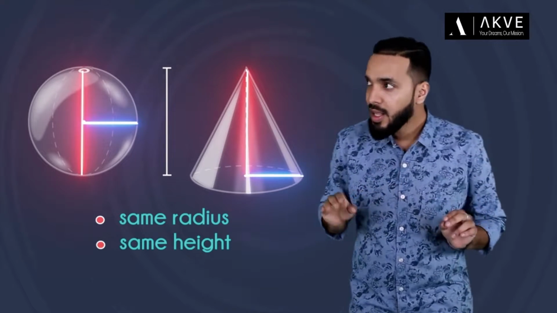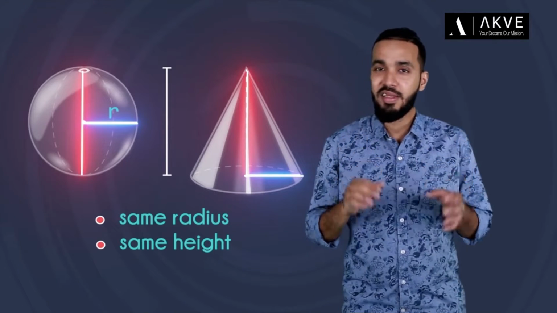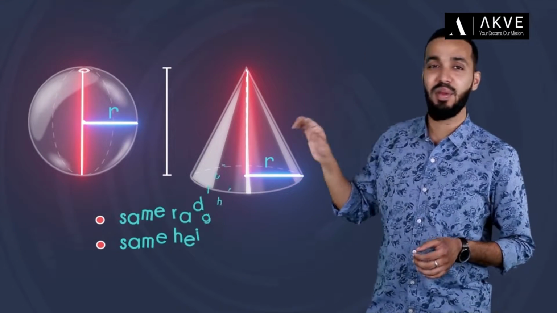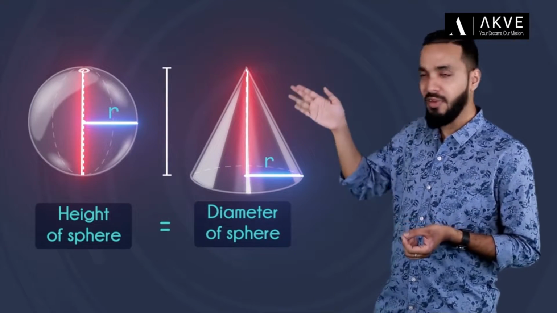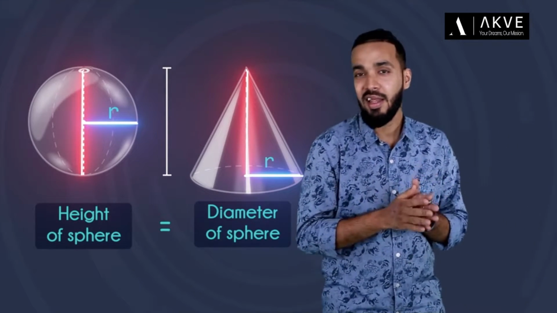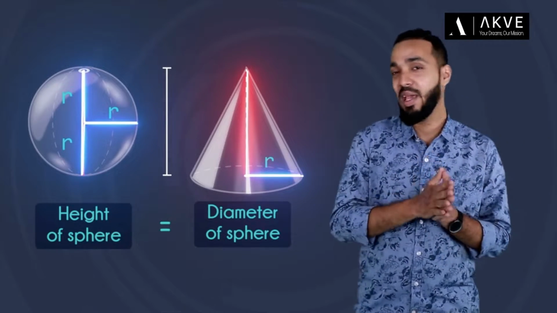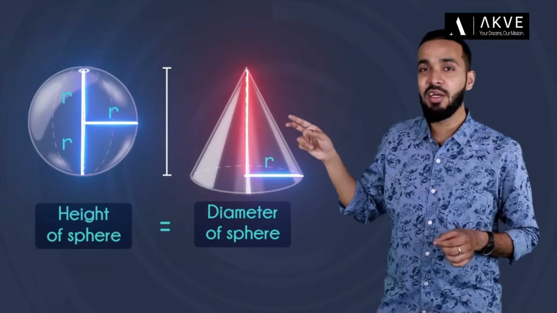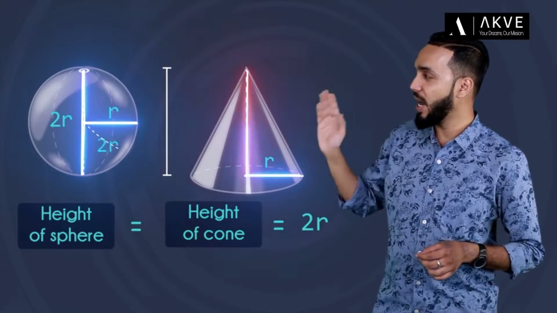Now, say the radius of the sphere is r. Then the radius of the hollow cone would also be r. Now, the height of the sphere is just the length of its diameter, right? And the diameter of a sphere is just twice as much as the radius. So basically, the height of the sphere, which is also the height of the hollow cone, is 2r.